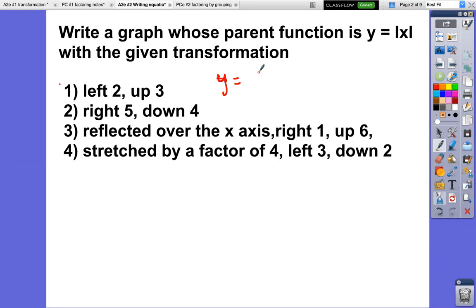So if this is my parent function, in other words, what should go right here and what should go right here and out here? I'm gonna give you guys more time than you need. I'm gonna give you about 2 minutes, and I want you to do these 4 questions on your own.